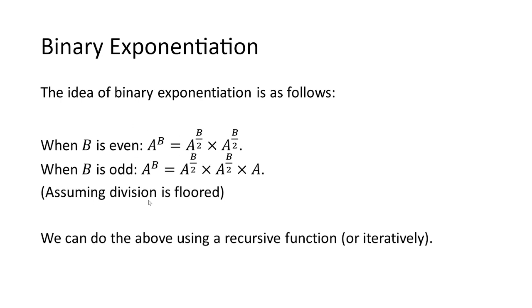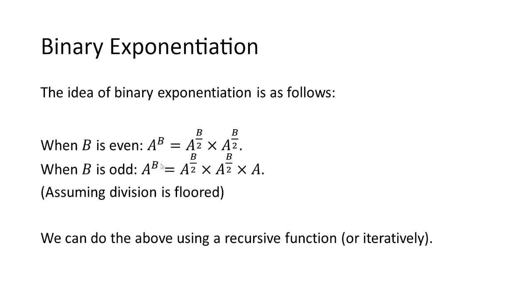Suppose b is odd, then a raised to b by 2 into a raised to b by 2 into a would give you a raised to b. Here b by 2 means floor of b by 2, since b is odd and won't be divisible by 2. So a raised to floor of b by 2 into a raised to floor of b by 2, and then if you multiply it with a, you'll get a raised to b.